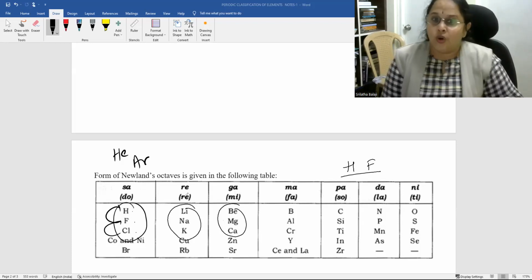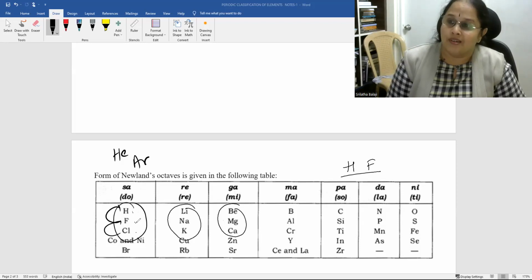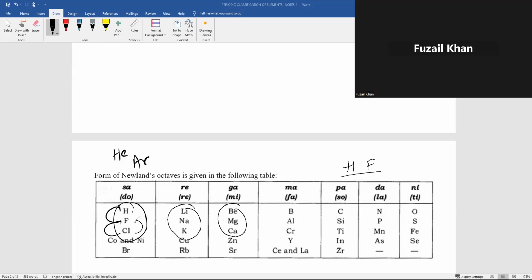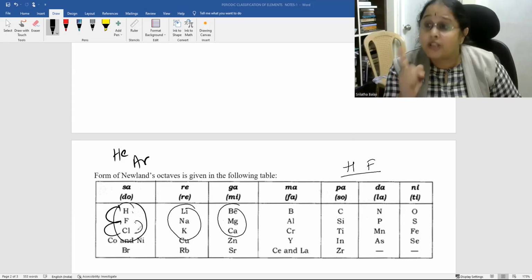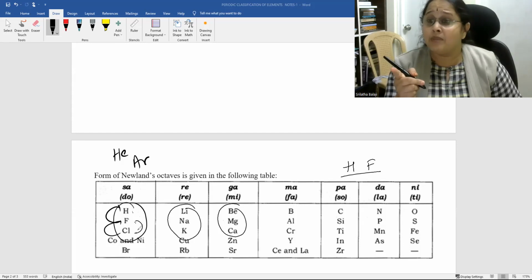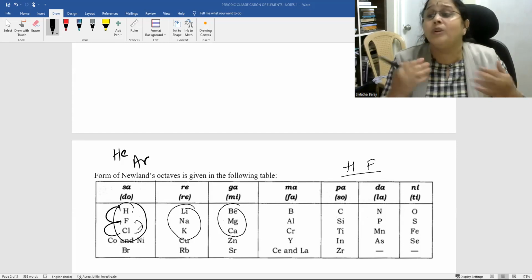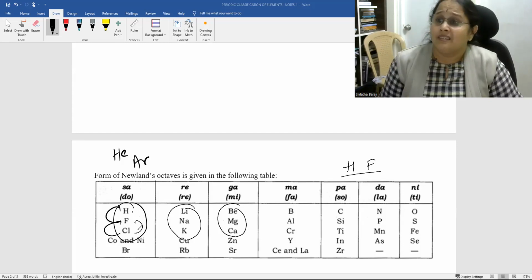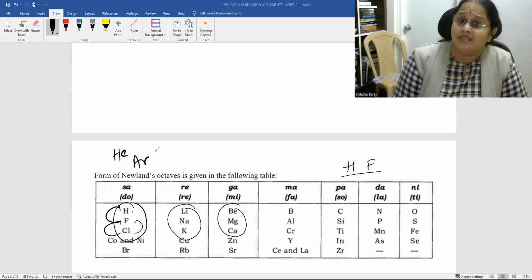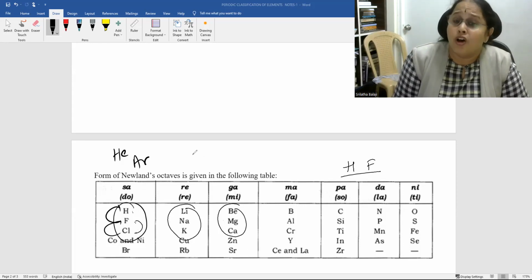Now, I asked you how hydrogen resembles fluorine. Does fluorine resemble chlorine? Halogens. Good. Then you might tell me hydrogen is not a halogen. How does it resemble? That is the speciality of hydrogen.